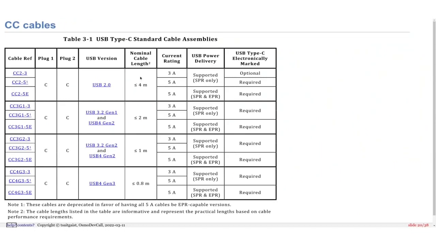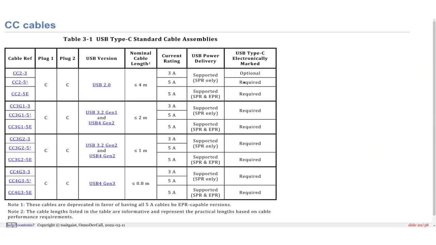But what is important in this slide is actually on the side, you see that you have an electronically marked cable. So cables which can carry up to 5 amp are required to be electronically marked. 3 amp doesn't require to be marked. They can be marked, generally they don't, but they can be marked.